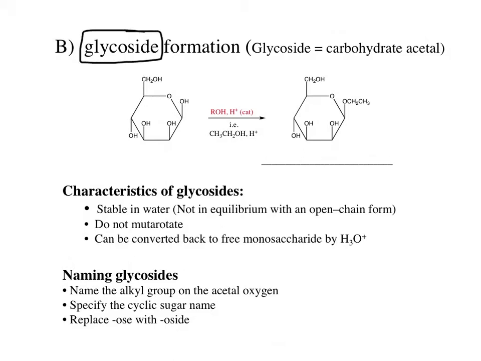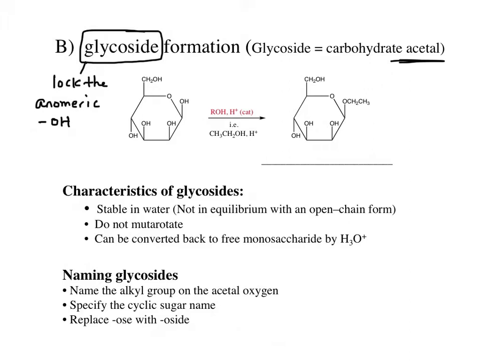A glycoside is where you essentially lock the anomeric carbon. We're going to lock that anomeric OH, and we are going to make it so that thing cannot open up. A glycoside is a word for an acetal from a carbohydrate. So it really is an acetal.